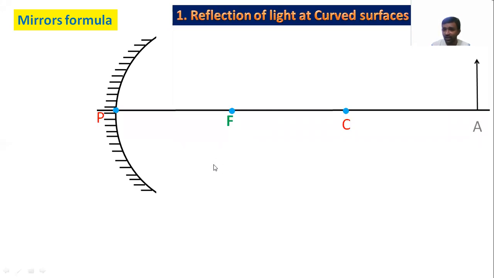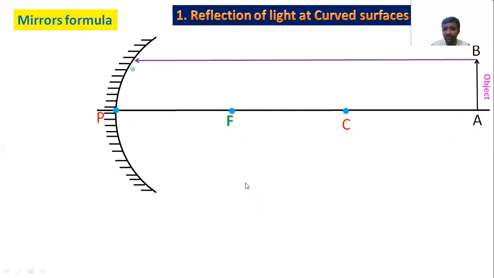I'm naming that object AB, right? So AB is the object. Then here, simply we have to select 2 rays from the top of the object. One is parallel to the principal axis and the other ray is passing through the focus, right?